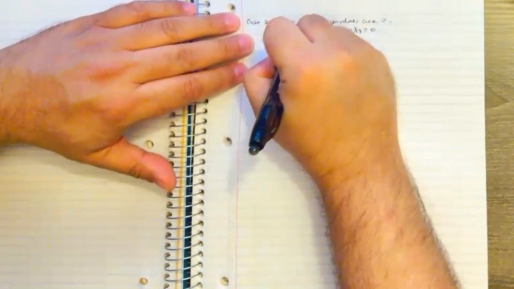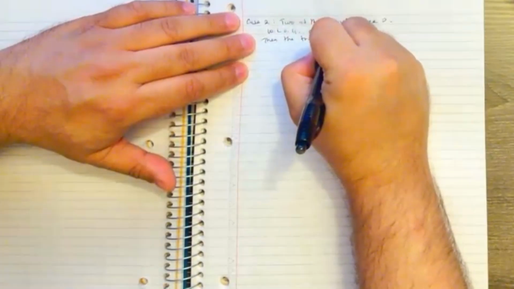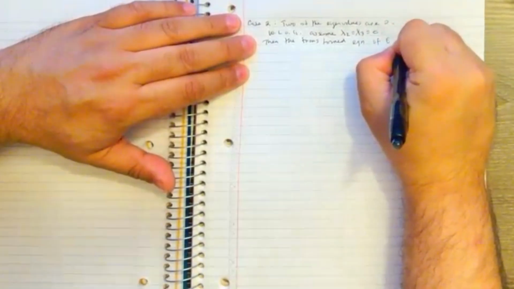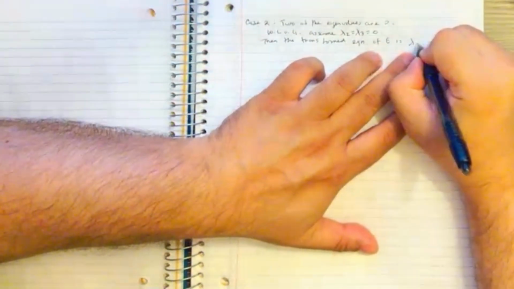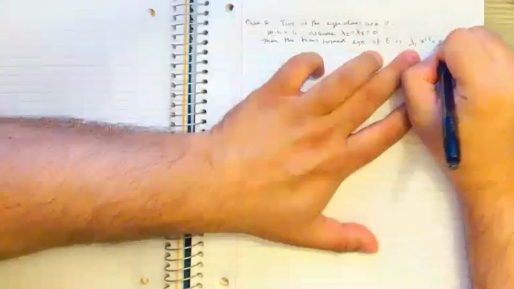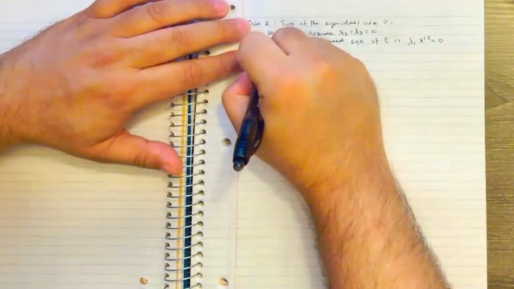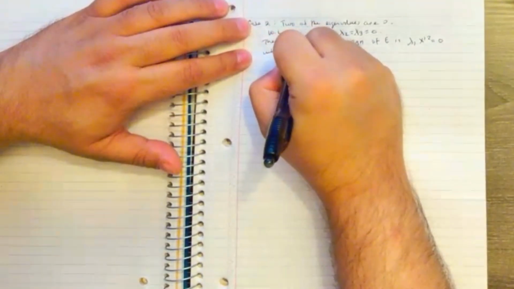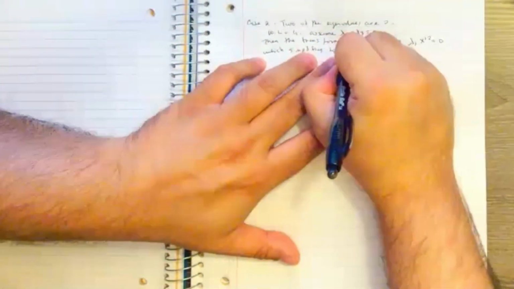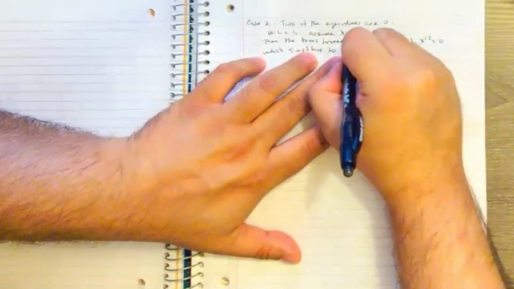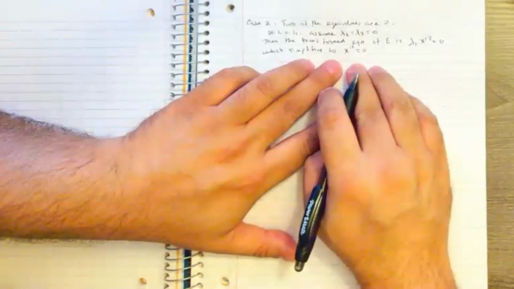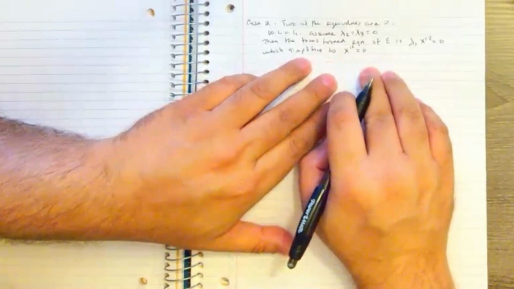Then the transformed equation of the conic E is lambda 1 times x prime squared is equal to 0, which simplifies to x prime squared equals 0, which is the line x prime equals 0 repeated or doubled.